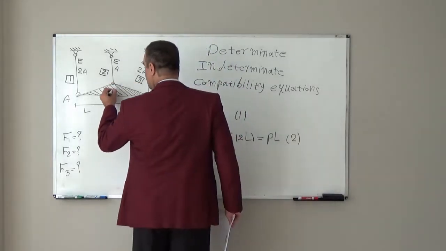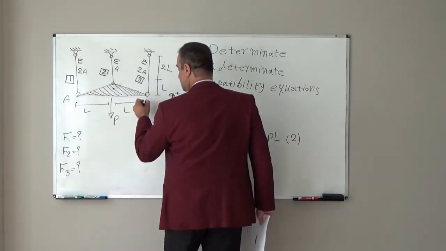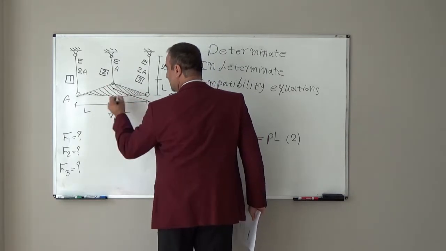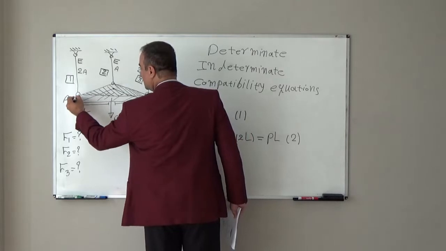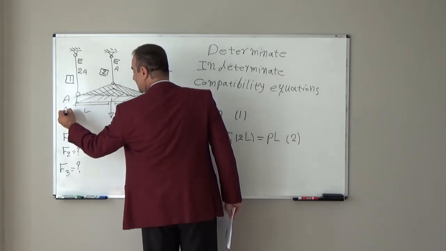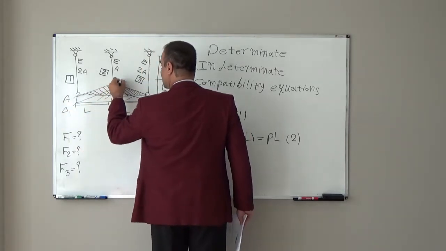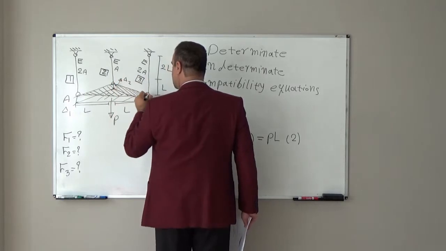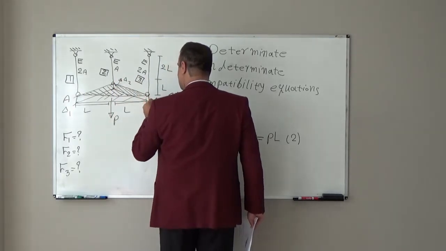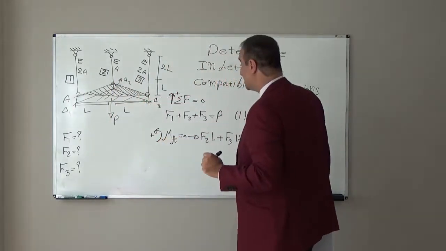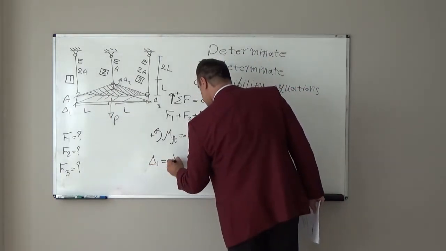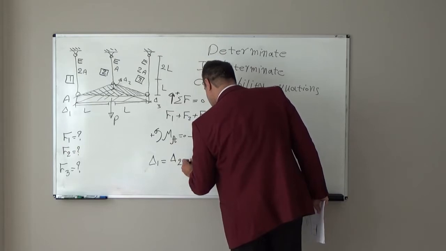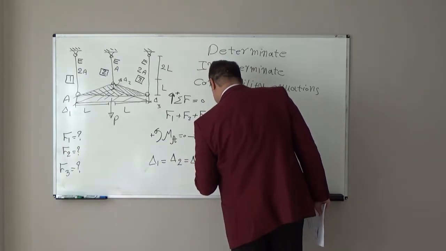So this point will come here, this point will come here, this point will come here, and we will have delta 1 here, delta 2 here, and delta 3 here. And in this structure, delta 1 is equal to delta 2 is equal to delta 3.